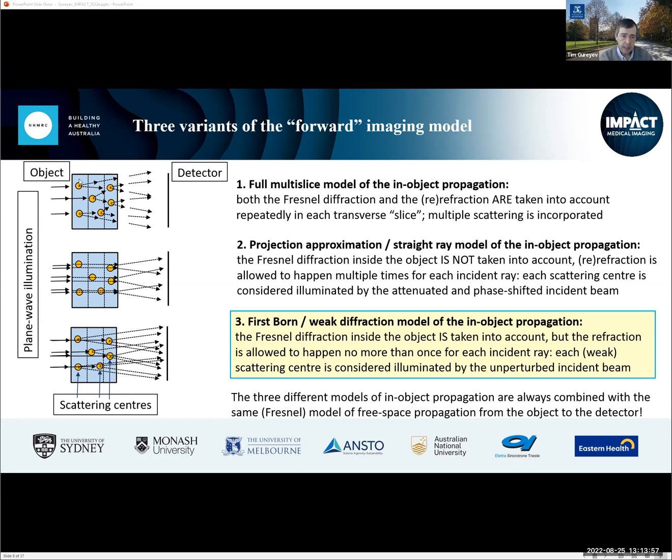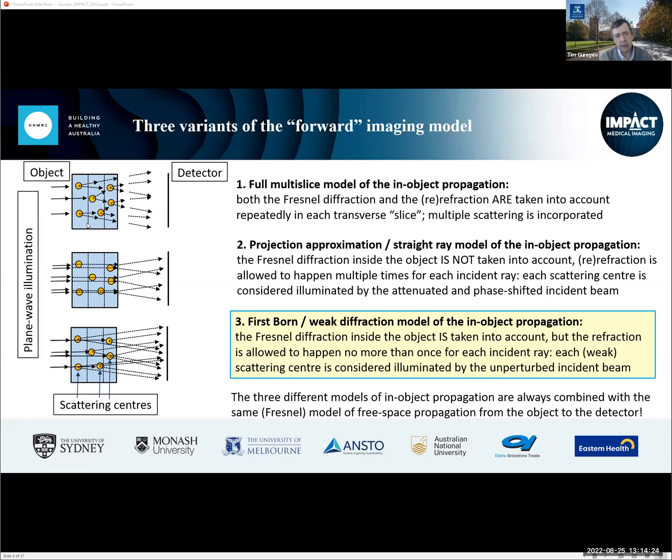It splits the object into virtual thin slices orthogonal to the direction of incident X-rays. In each slice, both the propagation of X-rays through the matter and the interaction of X-rays with the scattering centers are accounted for, and that is done repeatedly.